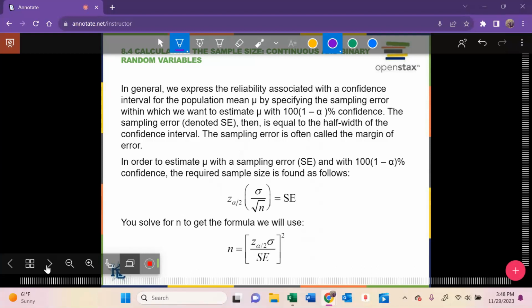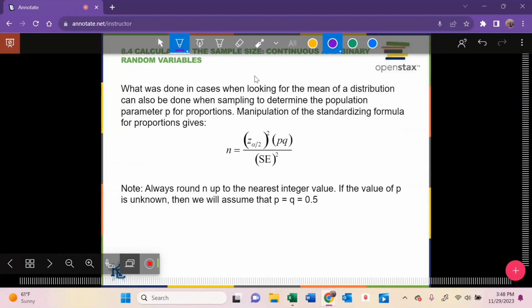So sometimes we want to estimate the sample size we're going to need. So we can manipulate our confidence interval information to find out some sample size. So you can pause this to read the idea behind it. And this shows you how we calculate sample size if we have some information about what we want. So this is really helpful.